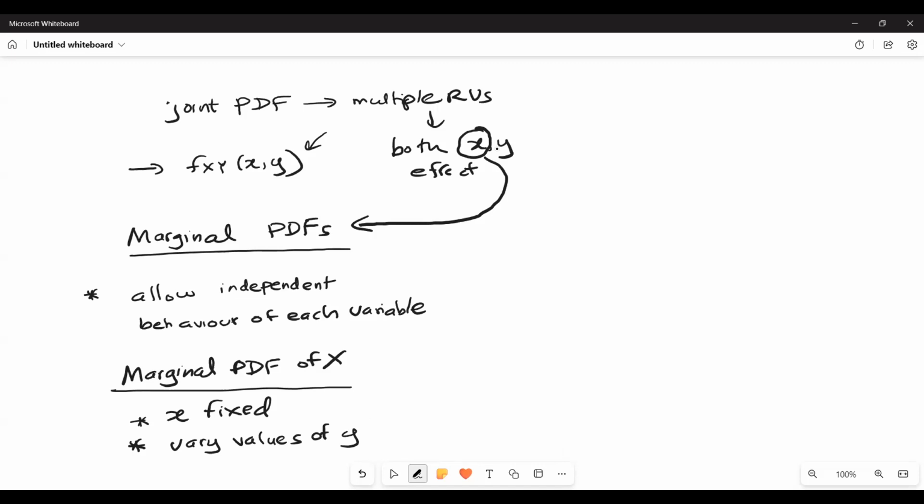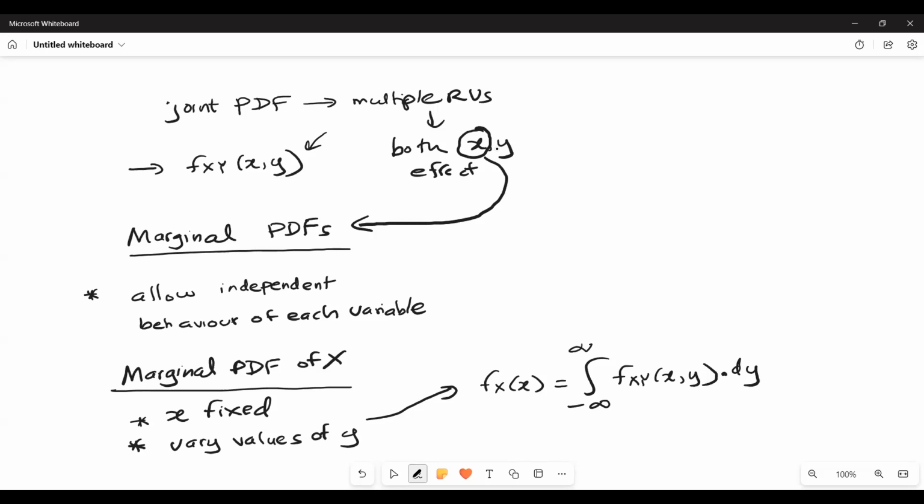So this marginal PDF of X we obtain by taking the integration of the joint PDF with respect to X and Y, over the y axis only. Only along the Y axis I do the integration. I keep the value of X fixed, right?